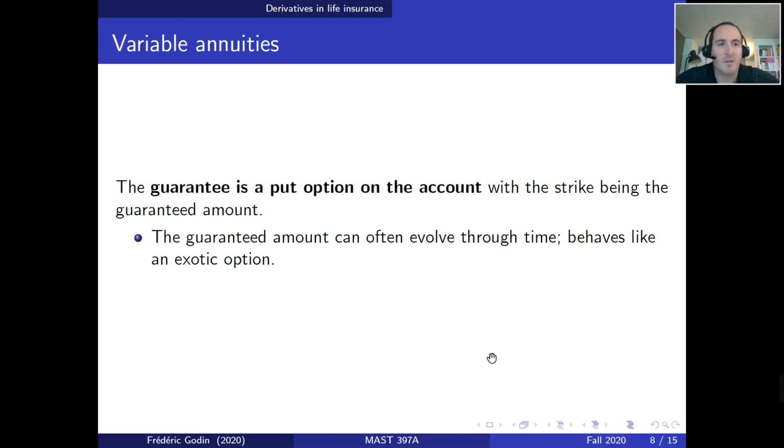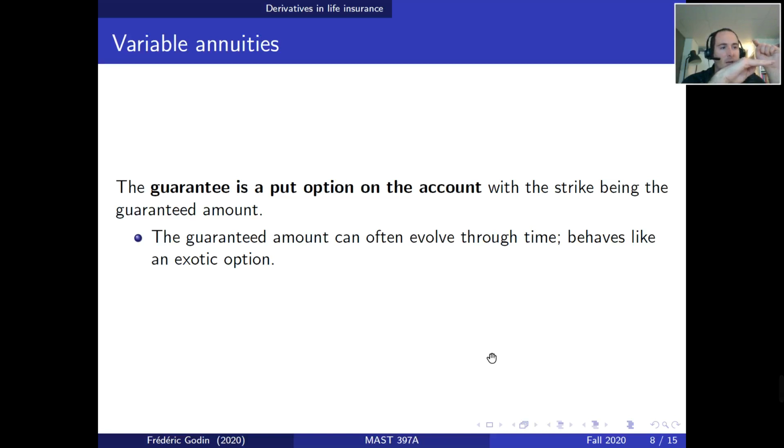So in that case, for variable annuities, the guarantee behaves like a put option on the account value, where the strike price is the guaranteed amount. Okay, so why is that the case? It's because the account belongs to the policyholder, and if the account remains above the guaranteed value, then there's zero payment needed to be made by the insurer.